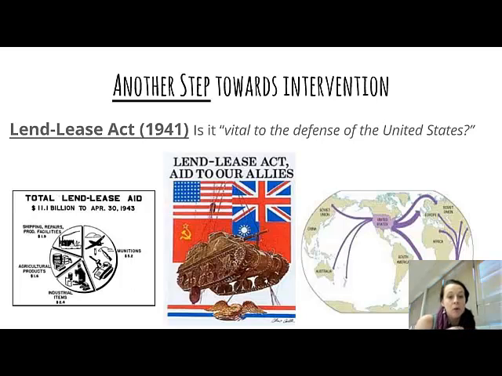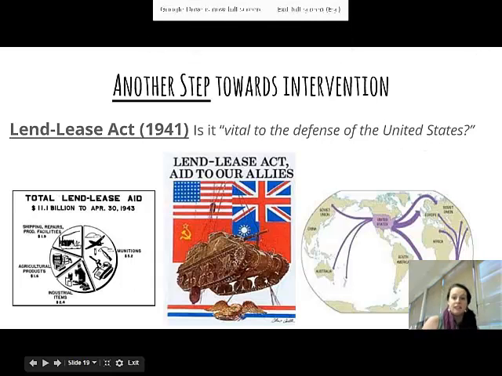So Roosevelt and Congress worked together to come up with this idea that it would be okay for the United States to lend, which means let the Allied powers borrow supplies, and they would be able to pay for those supplies after the war. So it's not so important the logistics of it. What is important though is that this statement came out of the Lend-Lease Act.